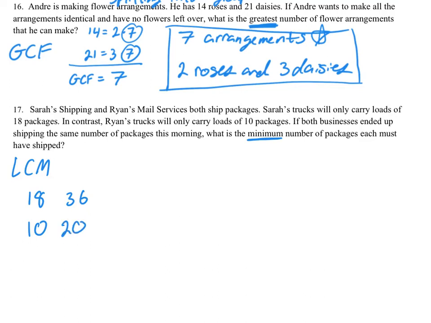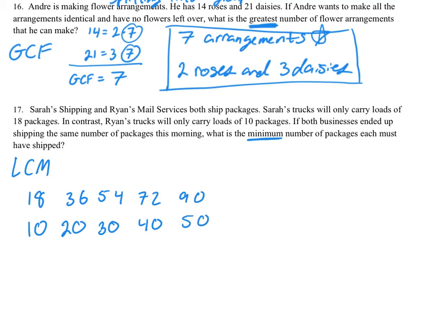We're going to keep up this pattern and see at what point they meet up. If Sarah does another, she's at 54. Ryan would be at 30. If Sarah does another, she would be at 72. Ryan would be at 40. And another, we would have Sarah at 90 and Ryan at 50.